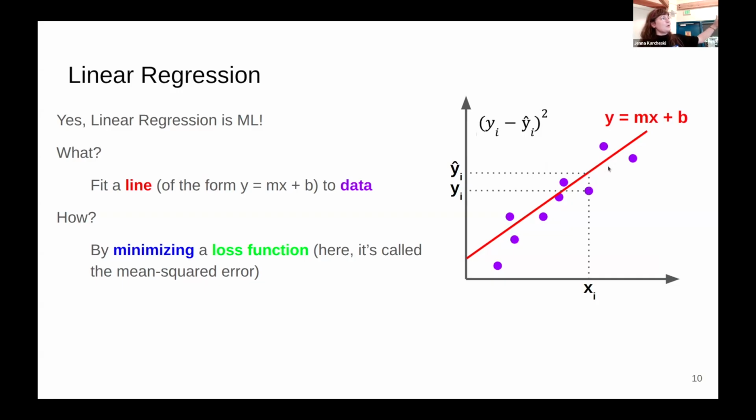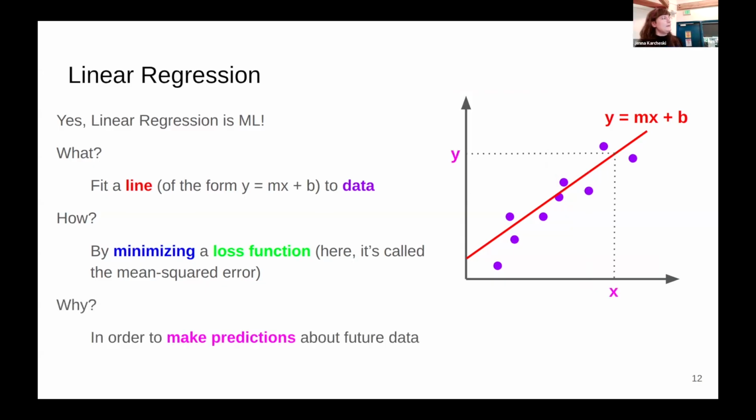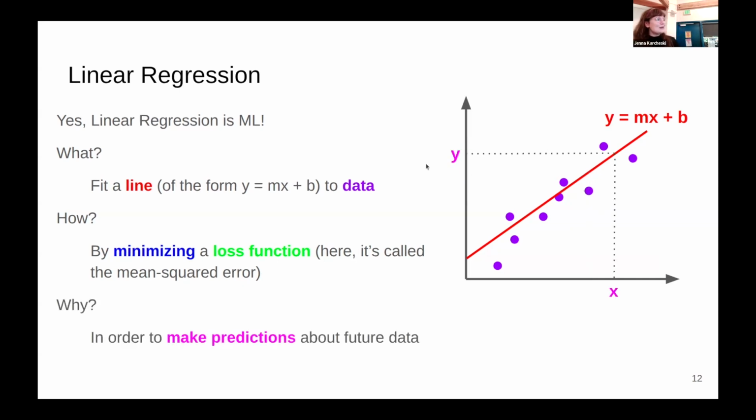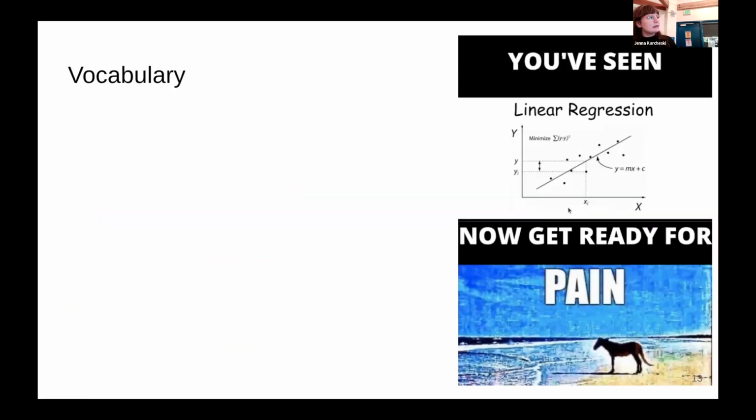We subtract what our model thinks the y value should be from the actual data point, and then square that. If we sum all of that up and minimize it, that should, in theory, get us the best line. In general, why do we even want to do this in the first place? We want to be able to make predictions, either by extrapolating out here or interpolating in the existing data space.